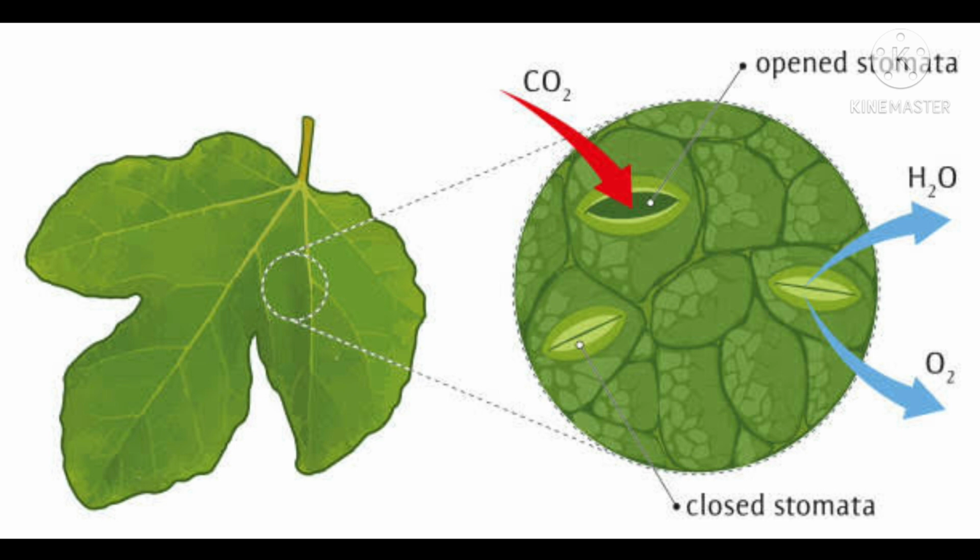So, we can see in the picture that there is a small hole inside the leaf, and that is called stomata. And through this stomata, gaseous exchange occurs, that means carbon dioxide is absorbed in the leaf and oxygen is released after the process of photosynthesis. So, what are stomata?